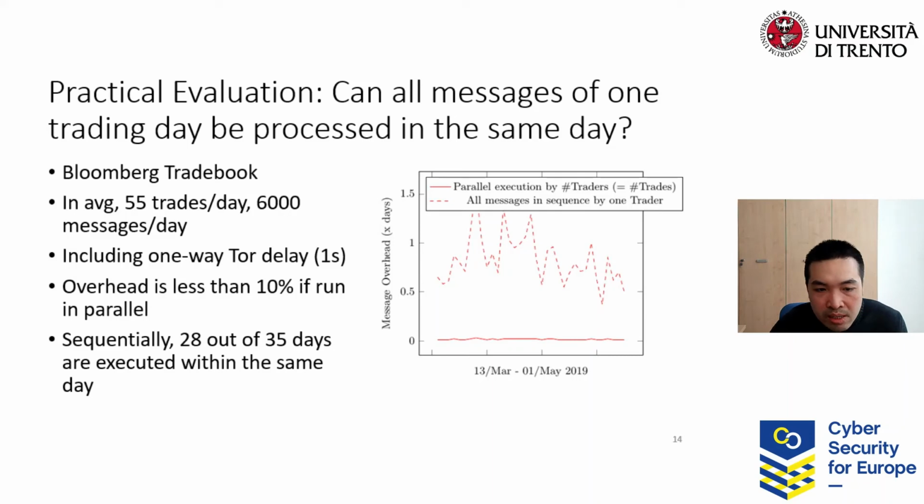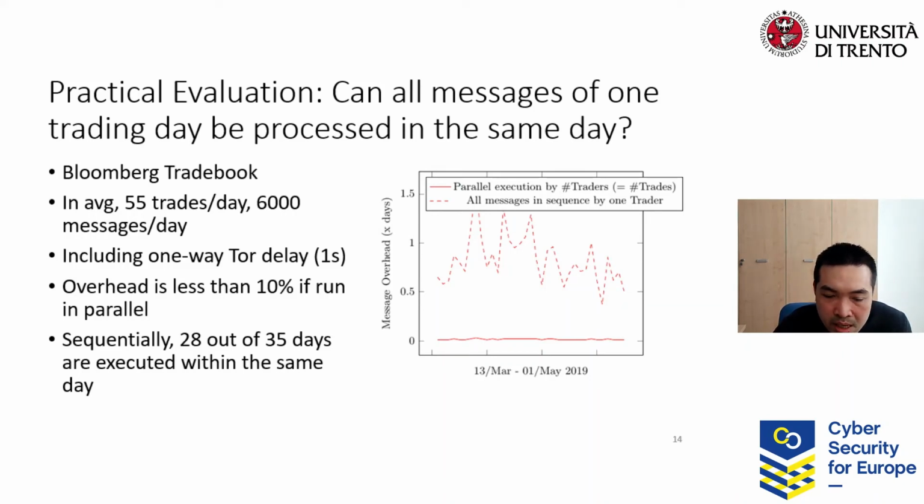We ask one question here in our experiment. Can all messages of one trading day be processed in the same day? If we were to run a day of trading messages, we would expect it to not take more than a day to actually exchange those messages. We also include a one-way Tor delay of 1 second for each message in our experiment.